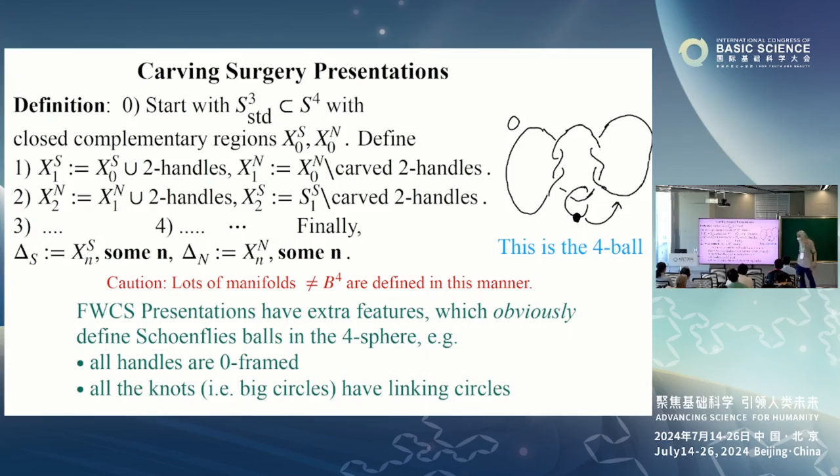Everything in this process happens in the 4-sphere. So to the southern ball, we add 2-handles, but from the northern ball, that has the effect of carving out 2-handles. Now, concurrently, from the southern ball, carve out a bunch of 2-handles, which from the northern part is adding 2-handles. So that's the first step.